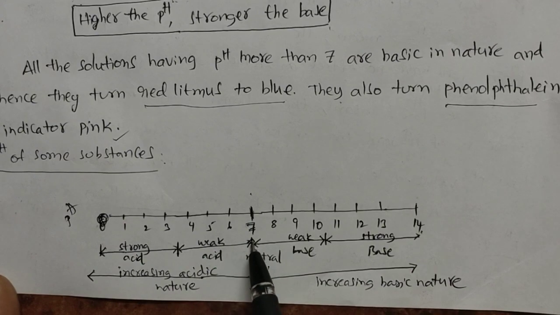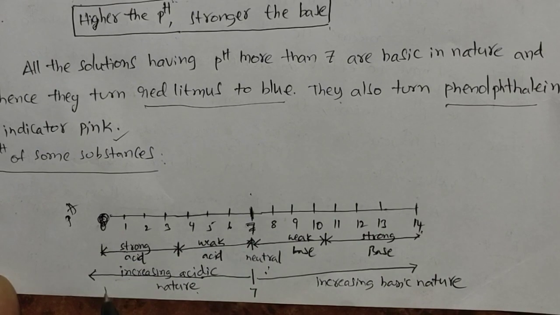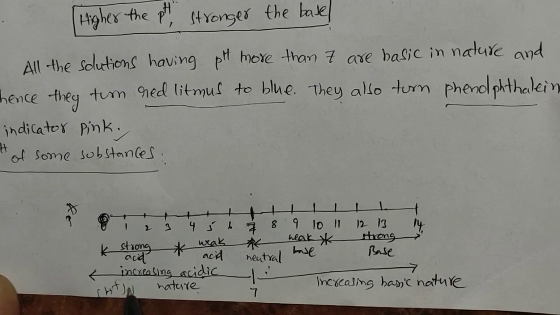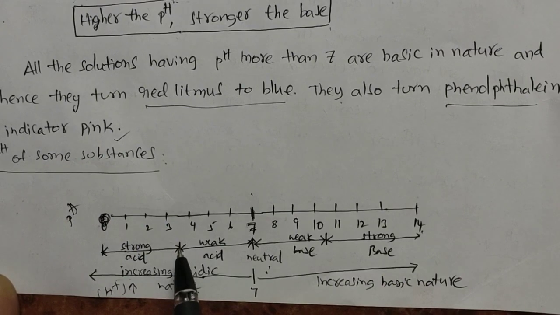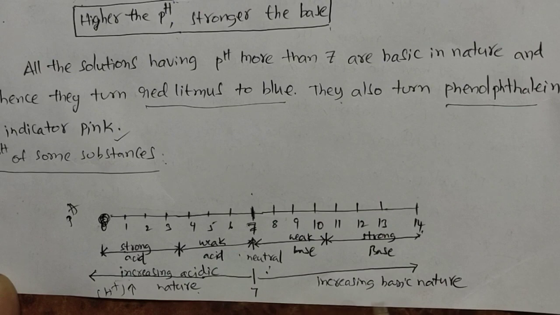If you go from 7 to 0, the acidic nature increases. In other words, H plus concentration also increases. So solutions with pH 0, 1, 2, 3 are strong acids. Those having pH 4, 5, 6 are weak acids.